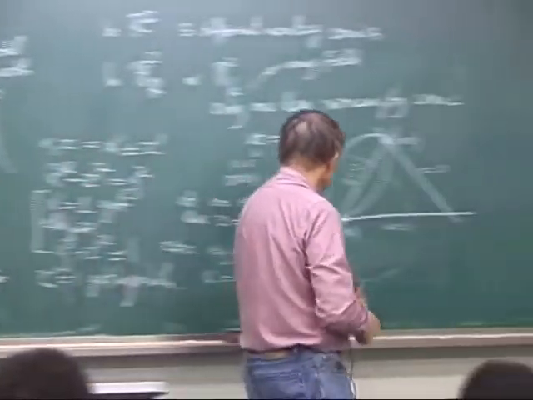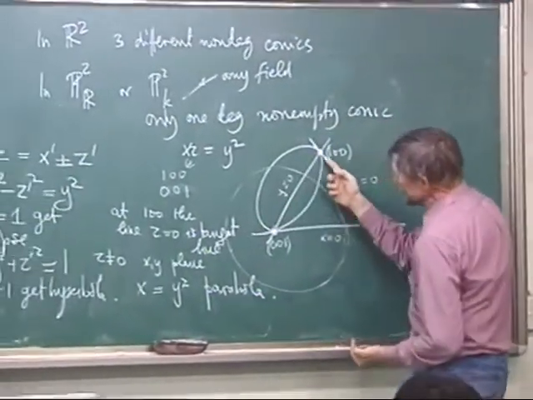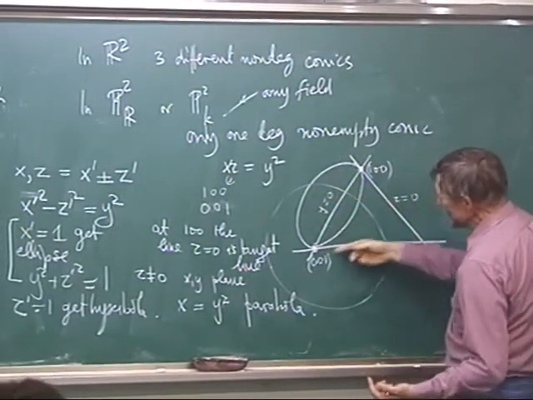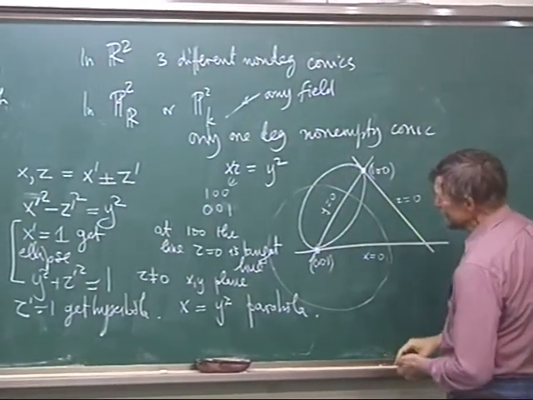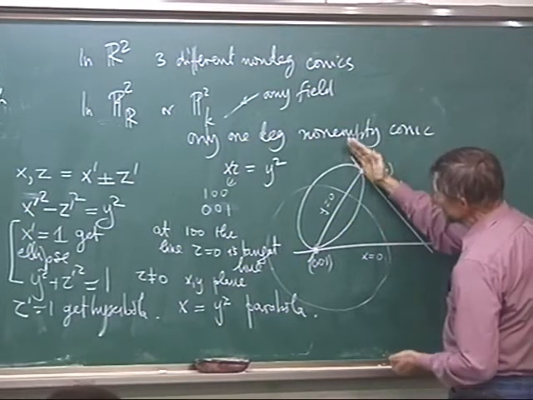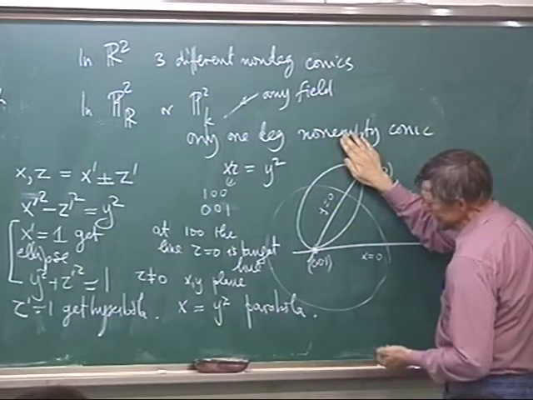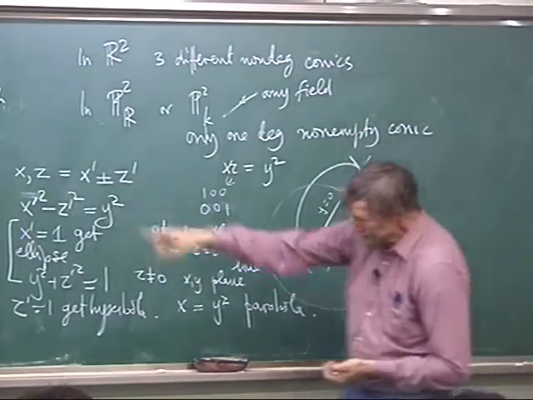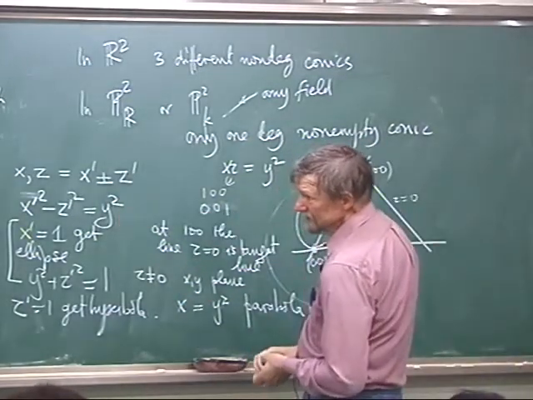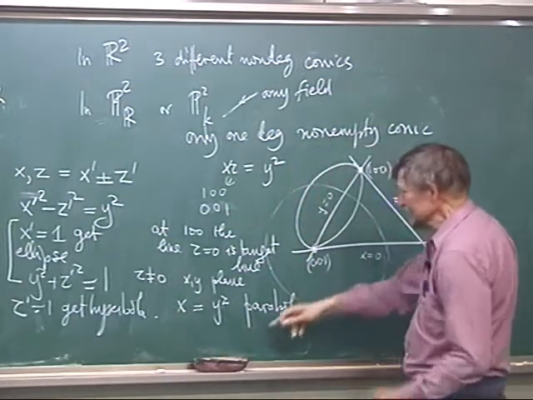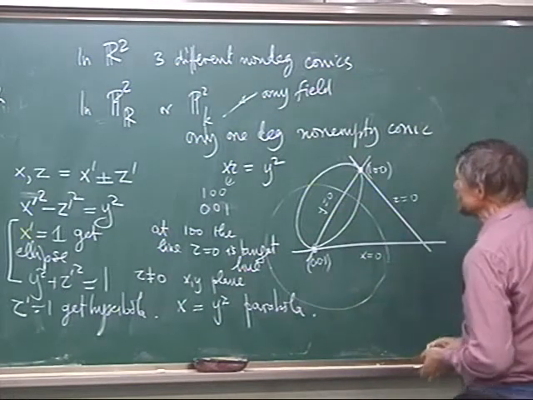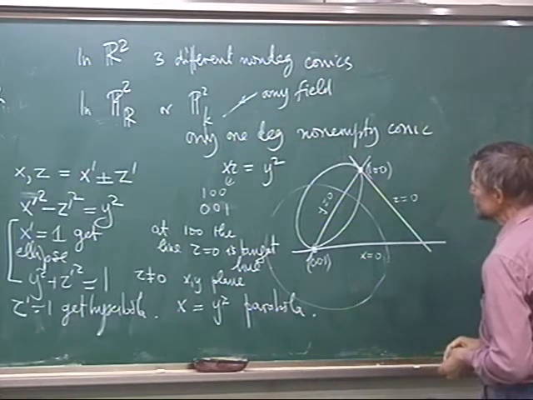What's happening in this model is I have this once and for all defined favorite conic given by xz equals y squared, and let's throw away this line. If I throw away the line z equals 0, then what I see is the ordinary, straightforward parabola, x equals y squared. It's a permutation of the variables.